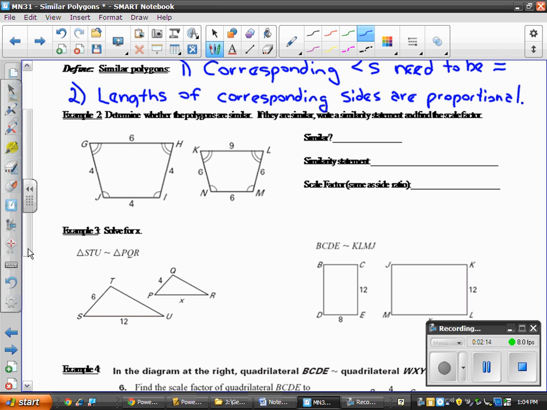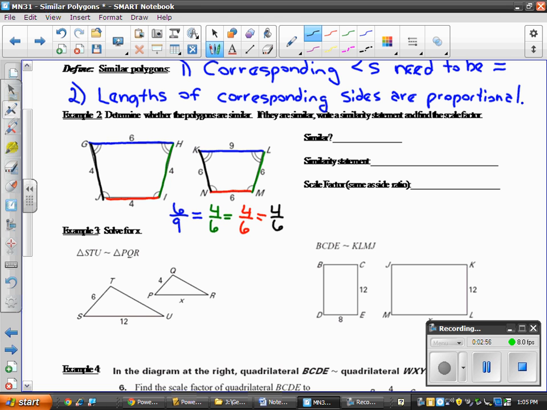So now let's look at whether the lengths of the corresponding sides are proportional. How we do that is we make a ratio with these two sides, so let's go 6/9, and we see if that is equal to the ratio of these sides. So we have 4/6, and one more: we create a ratio of this side, 4/6.